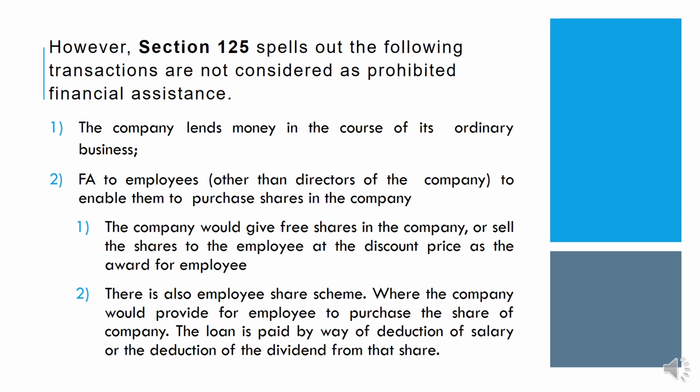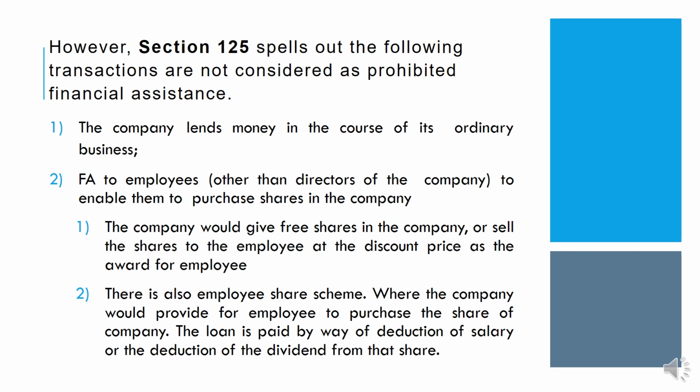Now, there is some financial assistance that is allowed by the law. For example, the company lends money in the course of its ordinary business. For example, the business of the company itself is lending money.